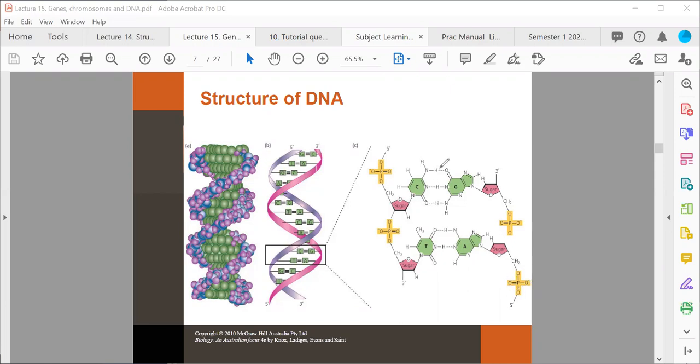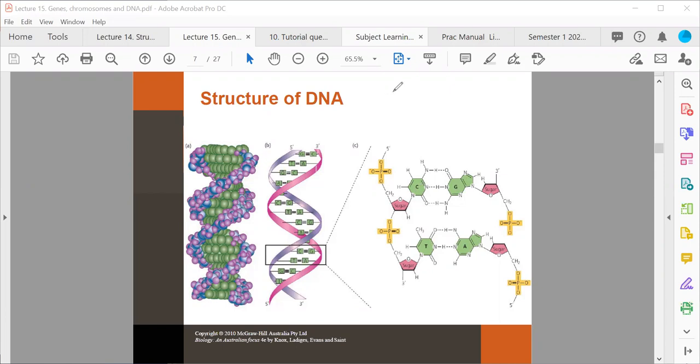And then, of course, you can see the hydrogen bonds that are linking those two chains of DNA together. We can also see here that a cytosine always binds to a guanine on the opposite strand, and a thymine on one strand of DNA always bonds to an adenine on the opposite strand of DNA. So that's when we're looking at two strands of DNA.